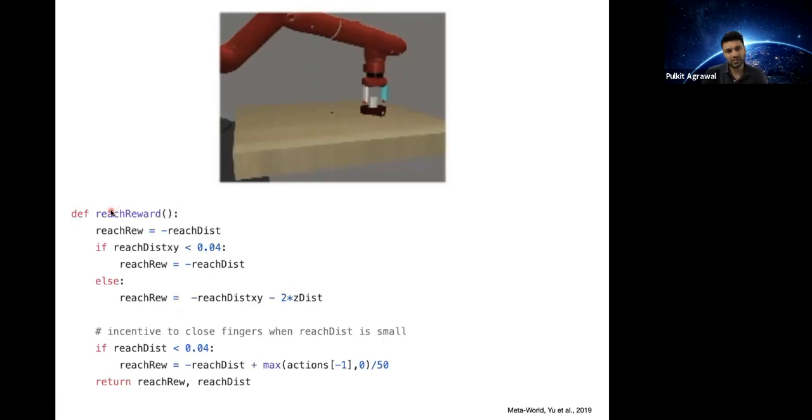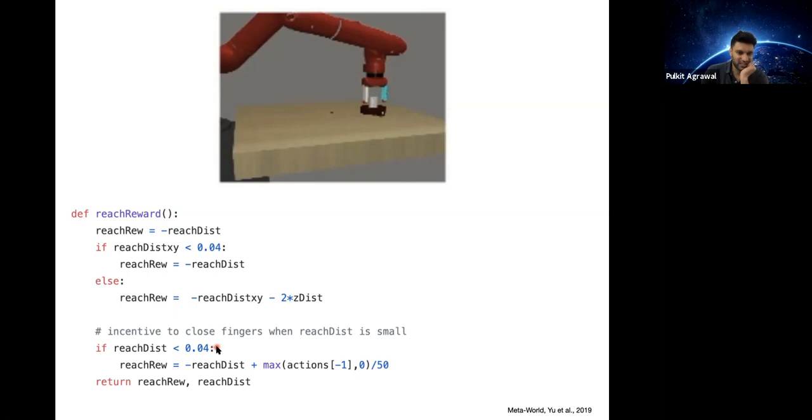First, there is a reward for reaching. The reward for reaching is the negative of the reach distance, so it's a dense reward for going close to the object. If I am within 0.04, then I use this, but otherwise I have a slightly different reward function.